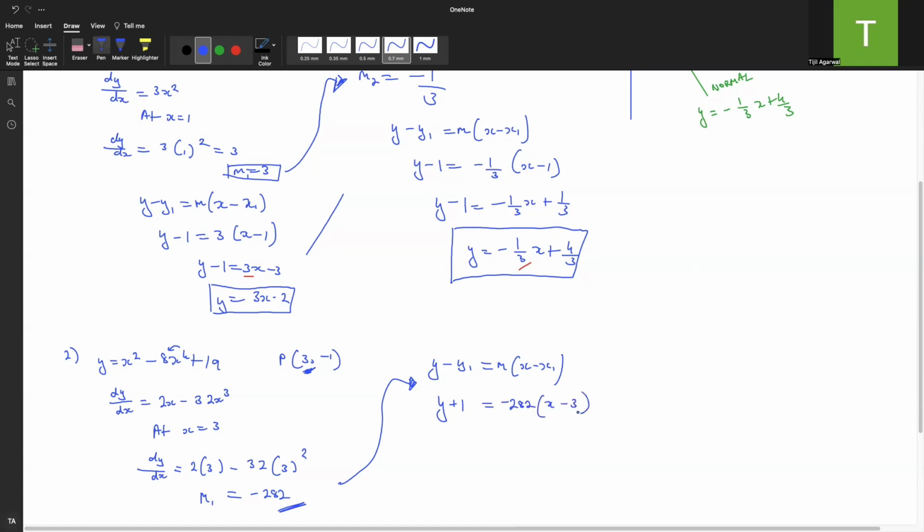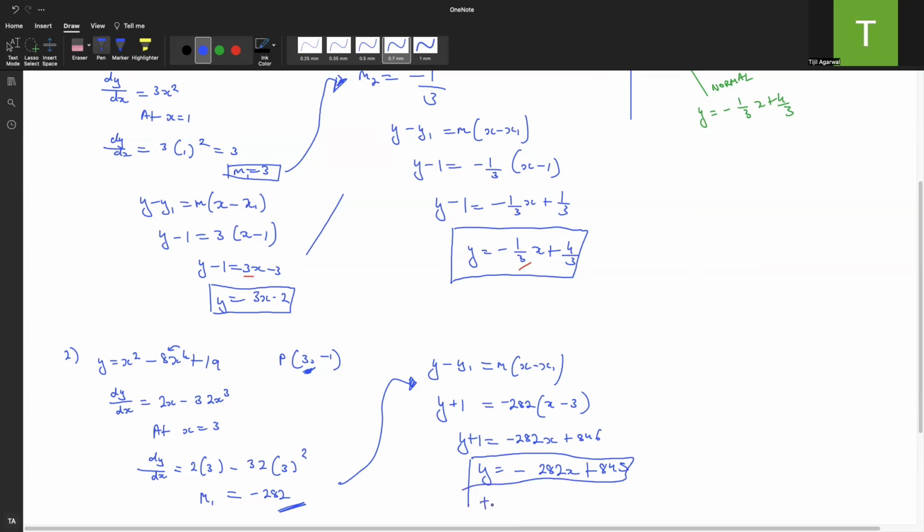So y plus 1 is equal to -282x, and then 282 times 3 becomes 846, and it's positive because we're multiplying a negative with a negative. If we bring the 1 to the other side, we get y is equal to -282x plus 845. And that's the equation of the tangent.